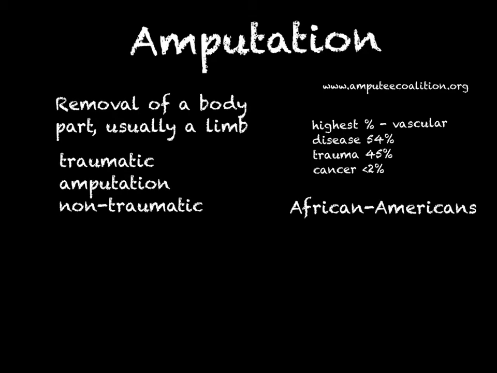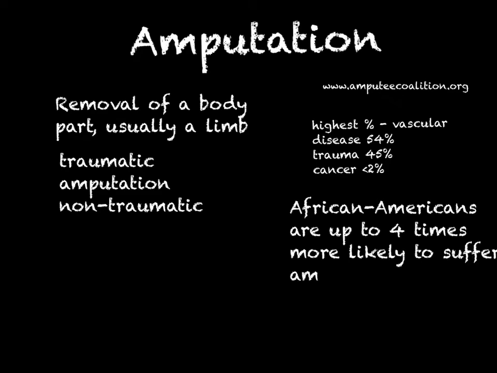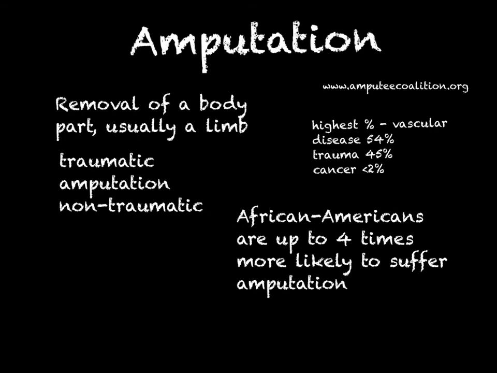African Americans are up to 4 times more likely to suffer amputation. And that is a very sobering statistic, and something that we, as healthcare providers in America, really need to look at. Because what it speaks to is access to care for chronic conditions like atherosclerosis, like hypertension, like diabetes, that with good care can be controlled so that we can prevent those amputations.